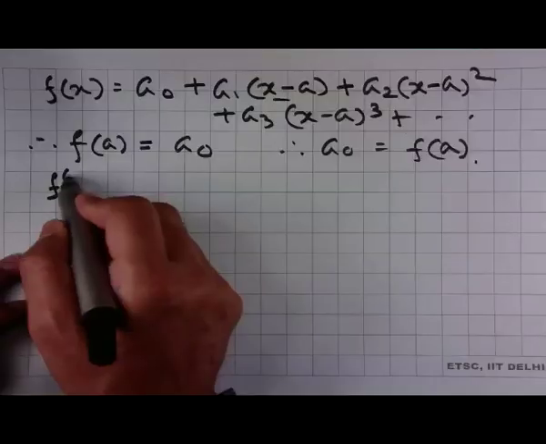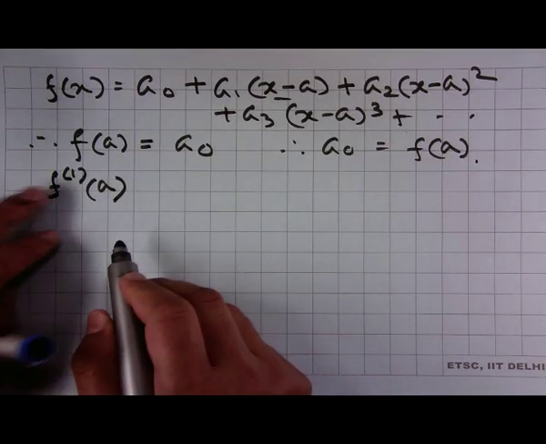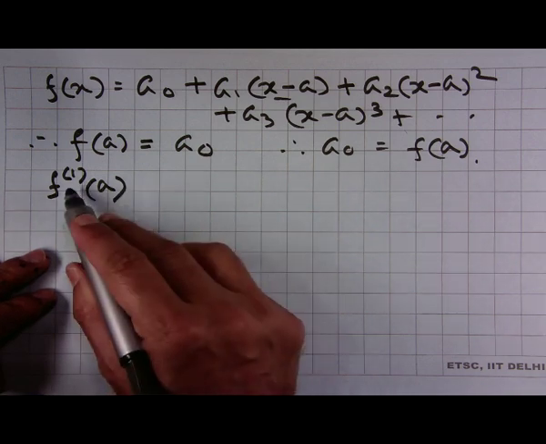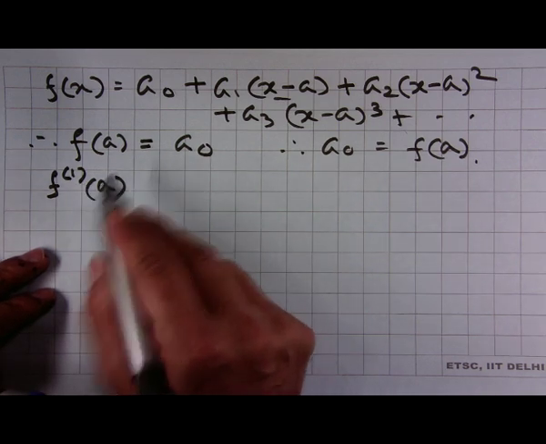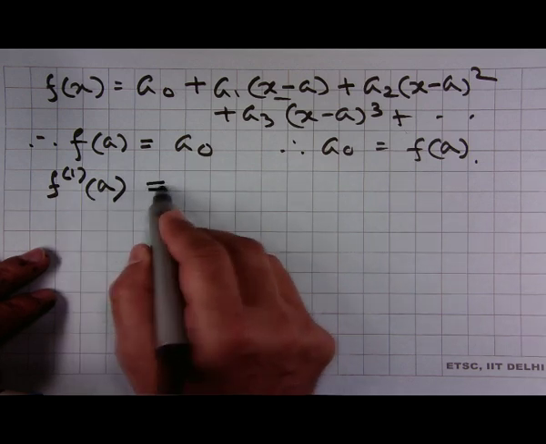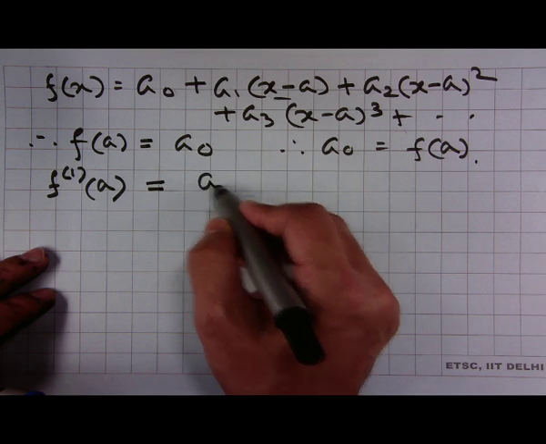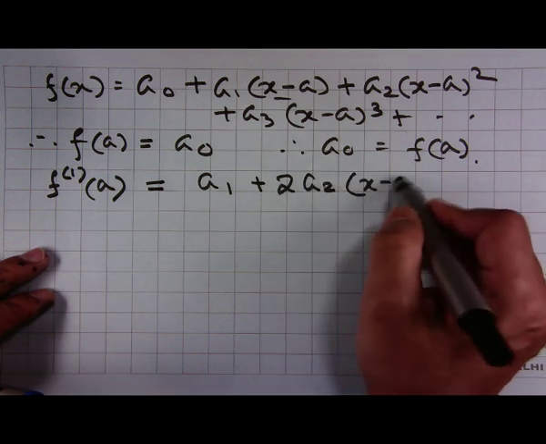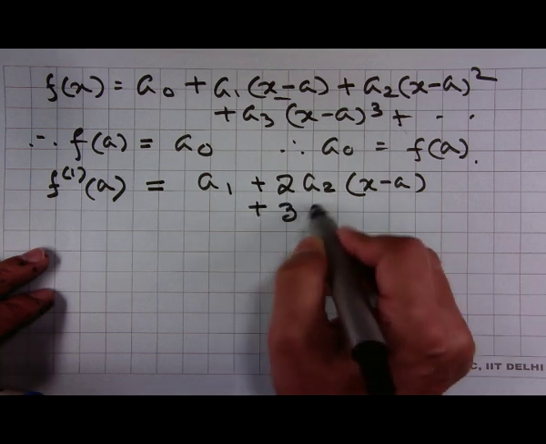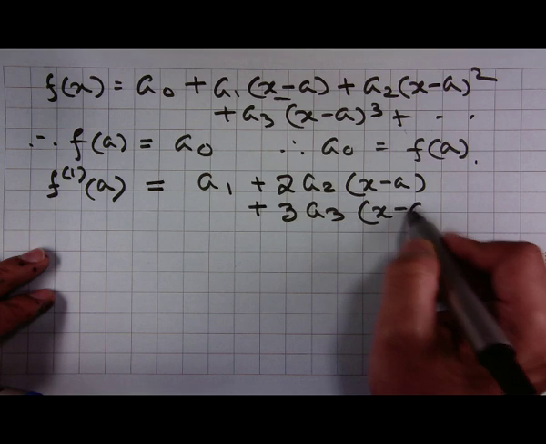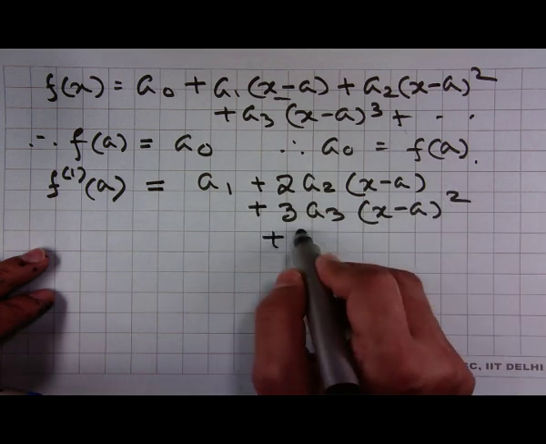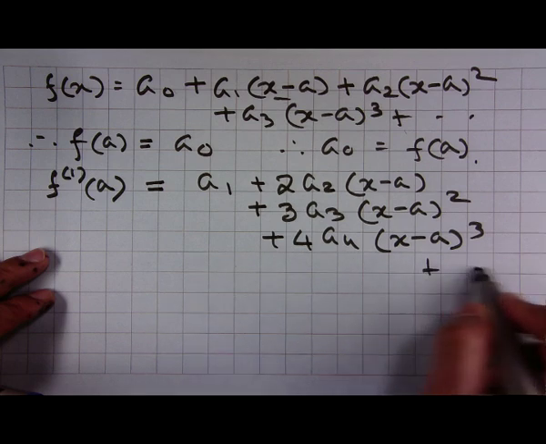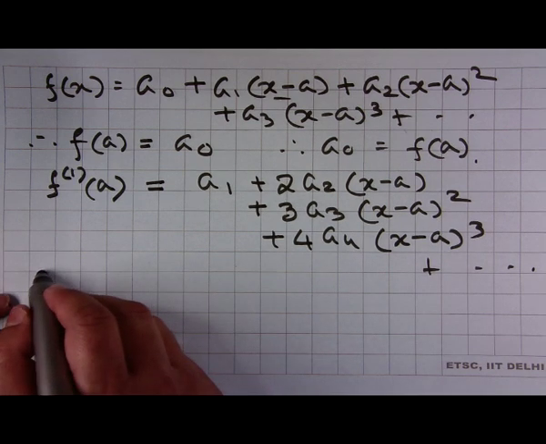What is the first derivative? I am writing it as f¹(x), which means I am differentiating f with respect to x once. This is equal to a1 + 2a2(x − a) + 3a3(x − a)² + 4a4(x − a)³, like that. Therefore, what is the second derivative?